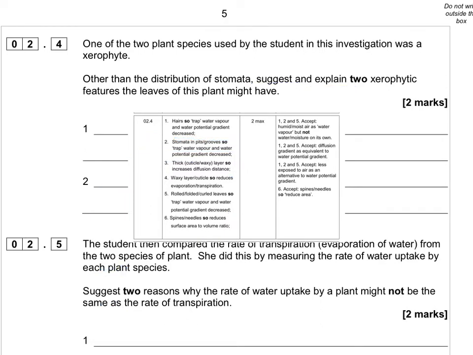And then question 2.5 says that they then compared the rate of transpiration from the two species. She did this by measuring the rate of water uptake by each plant species, and then it says suggest 2 reasons why the rate of water uptake by a plant might not be the same as the rate of transpiration.